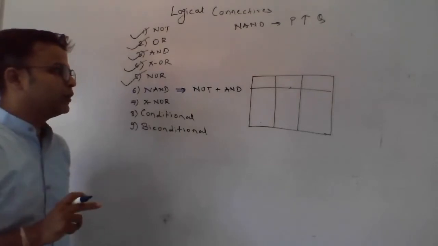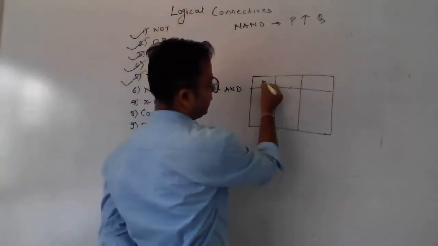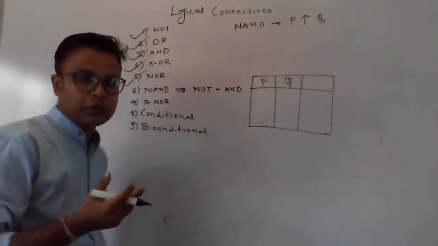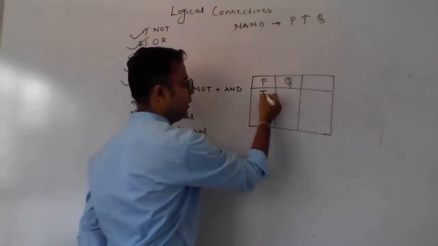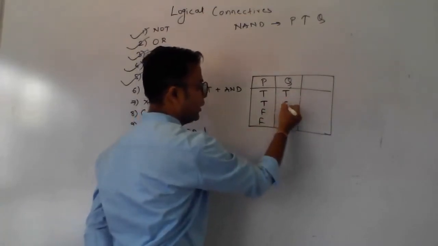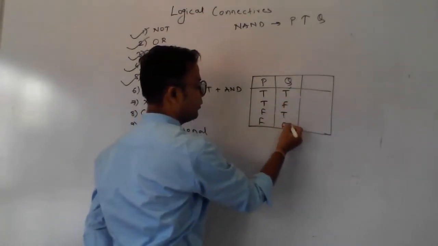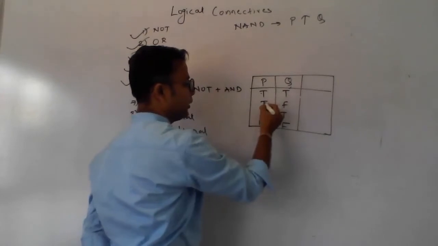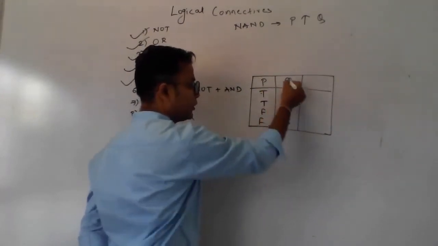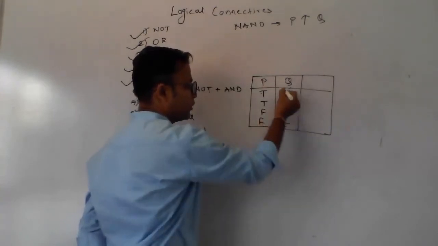Then how does it work? Let's find out the truth table. As we know, if you have two statements P and Q, then there are 4 possibilities: P true, Q true; P true, Q false; P false, Q true; P false, Q false.